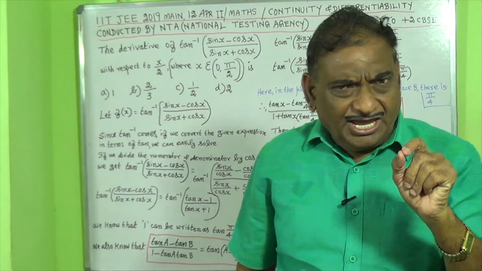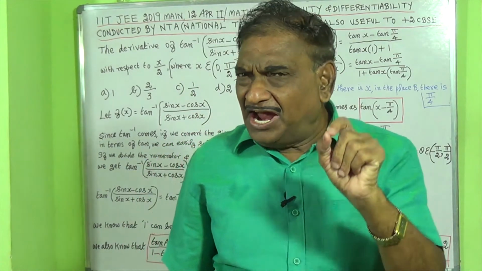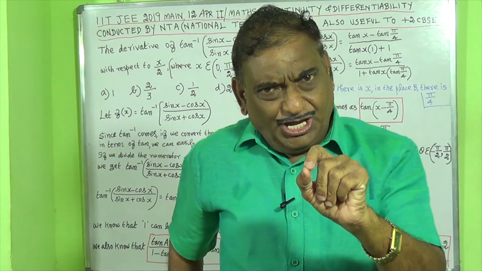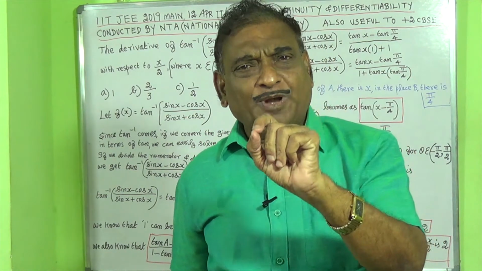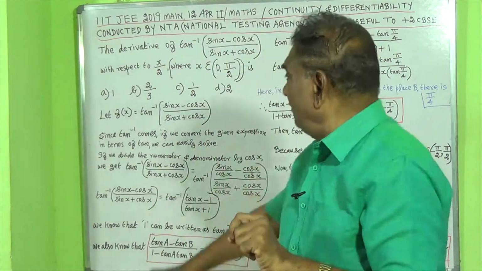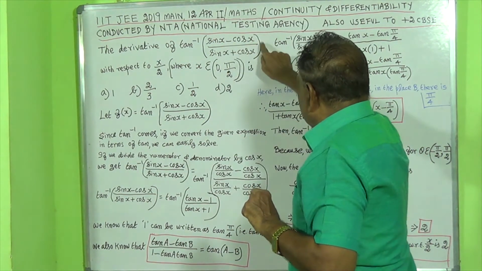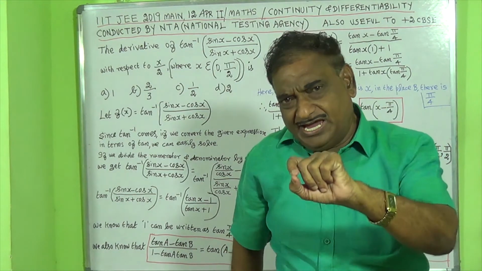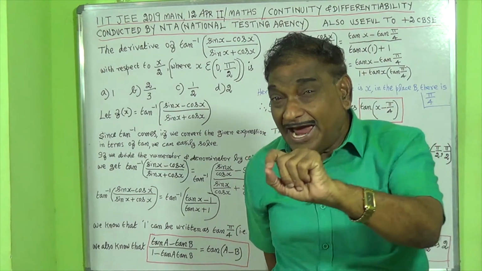Since in the given expression tan inverse comes, it will be easy to convert the given expression in terms of tan. How can we change this (sin x minus cos x) by (sin x plus cos x) in terms of tan?